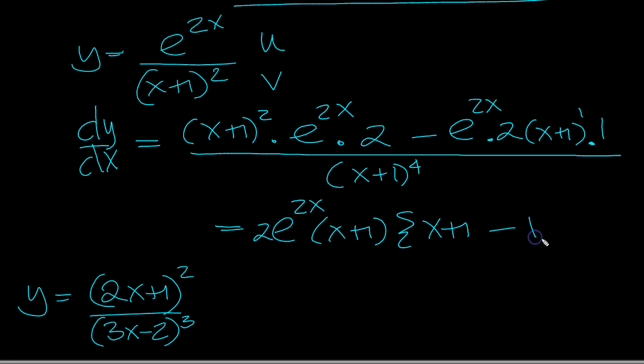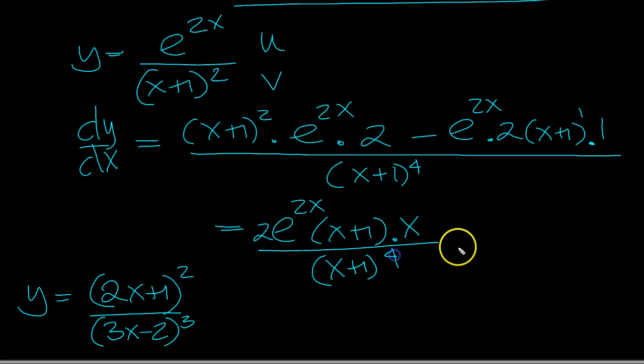Minus 1, because that's a 2e to the 2x (x plus 1) times 1, so there's the x plus 1, yeah. So 1 take 1 is just x. So the top simplifies to just times x over (x plus 1) to the 4, which is equal to 2x e to the 2x over (x plus 1) cubed, isn't it?